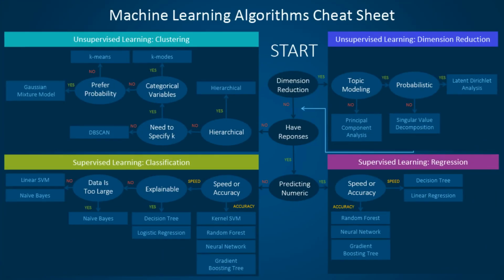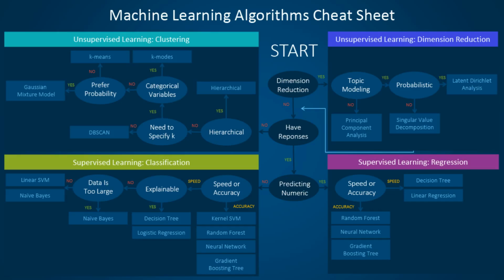This asks you a series of questions, and you will ultimately end up at one algorithm. So for example, when we start, do we want to do dimensionality reduction? No. Do we have responses? Yes. Sweet, we're into supervised learning. Are we doing numeric? No. Maybe we're classifying as quantitative, so no, we're over into the classification.